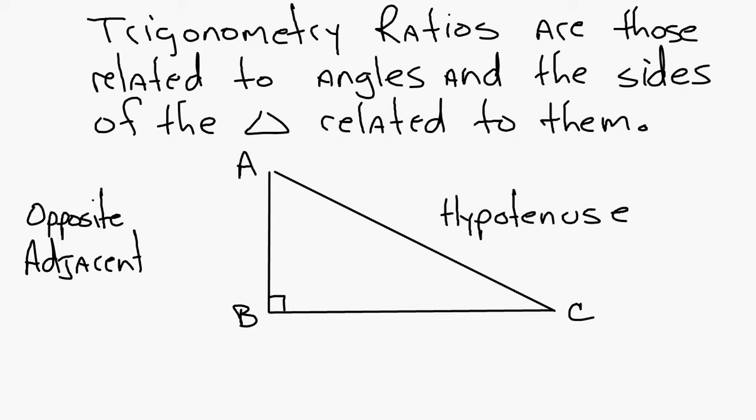Depending on which angle you're looking at, you have to understand the sides that are opposite and adjacent to the angle. Okay? So maybe next to opposite here, put across from. Adjacent, right next to.